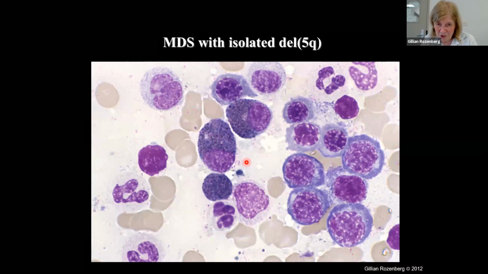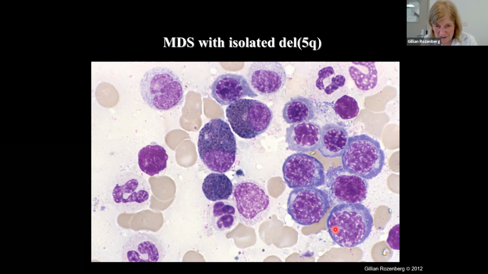Again, not such a good marrow. It's a bit of an artifact in this, but even overlooking that and looking at the dyserythropoiesis in these red cell precursors, looking at this neutrophil here and this one here, looking at the very dense chromatin pattern of the nucleus, this one as well.